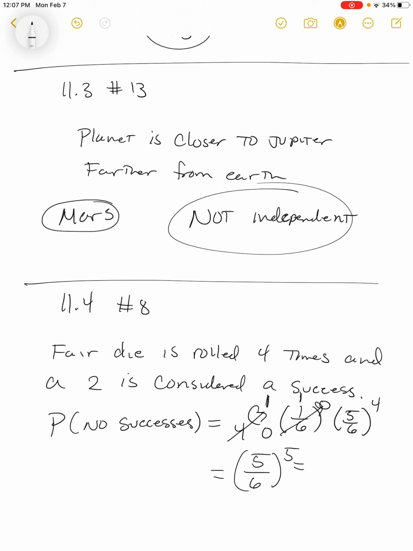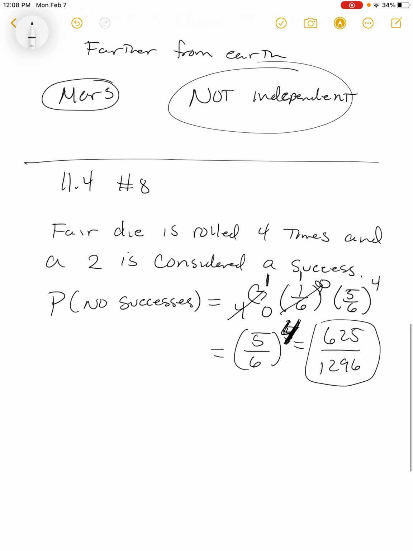And that's where they're getting their 625, which is 5 to the 4th, over 6 to the 4th. Just kidding, I didn't mean to mistranslate that. So 5 to the 4th is 625. 6 to the 4th is 1296. And that doesn't reduce. And so that's why they're going to have that as the reflected answer.